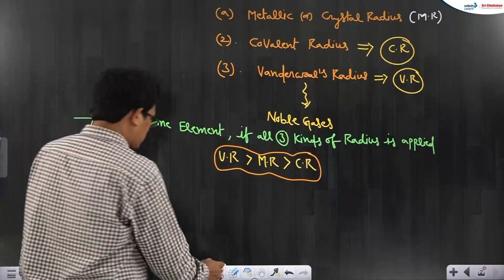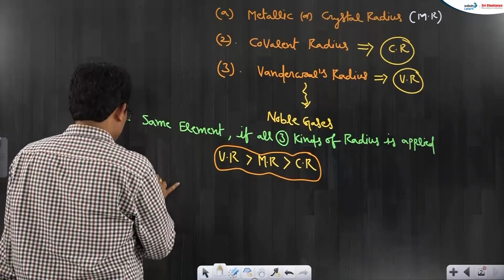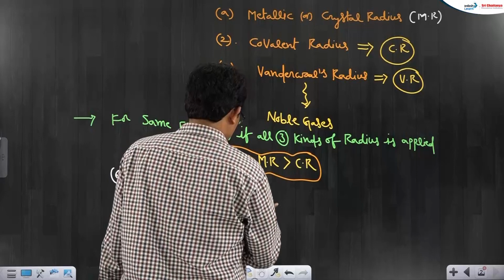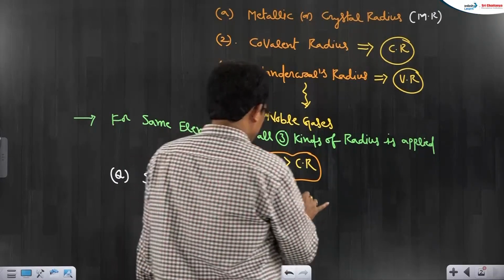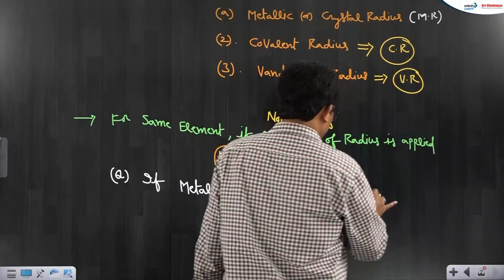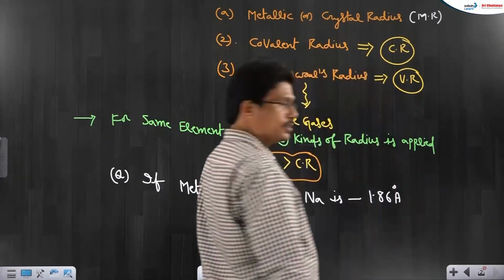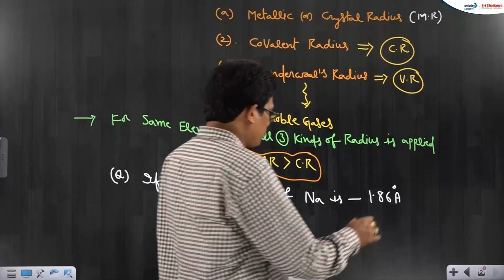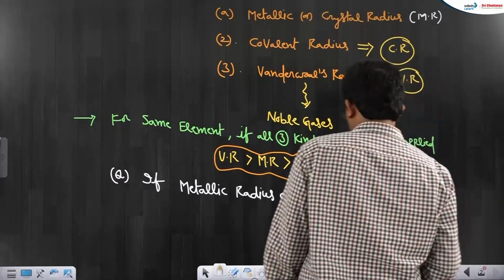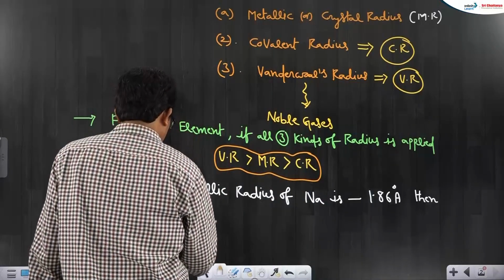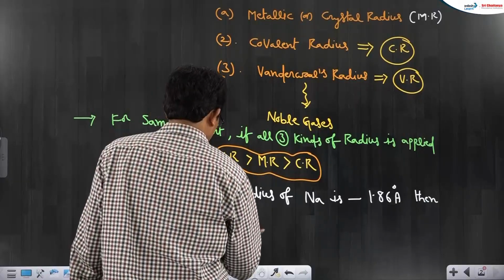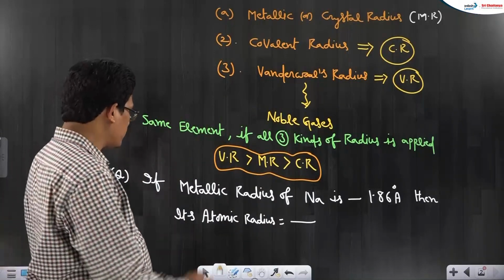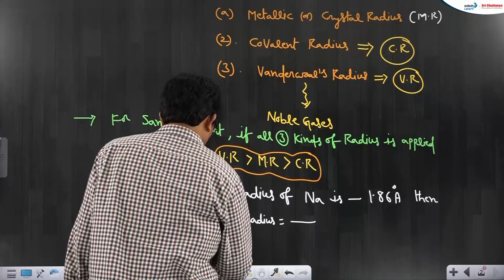For example, if the metallic radius of sodium is given as 1.86 angstroms, then find its atomic radius, and similarly its covalent radius.